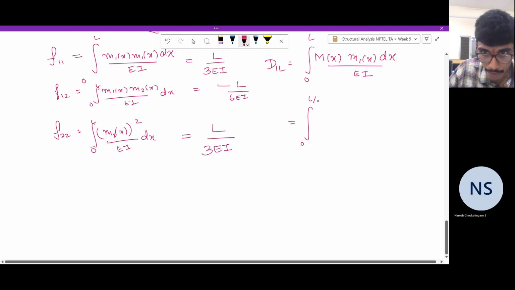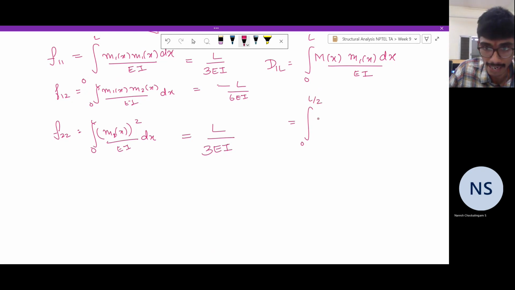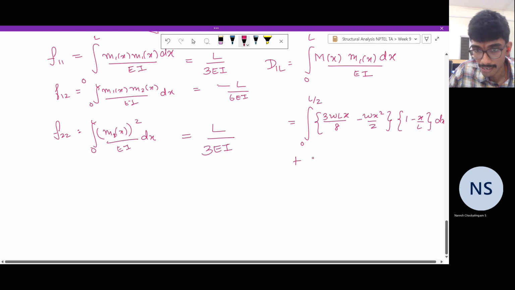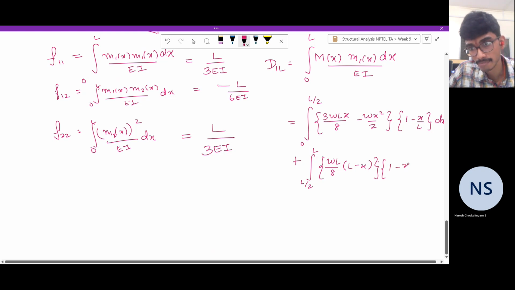So from 0 to L by 2, capital M of x is defined as 3WLx by 8 minus Wx squared by 2, and M1 of x is 1 minus x by L, dx, plus integral L by 2 to L. And here it is defined as WL by 8 into L minus x multiplied by 1 minus x by L dx.